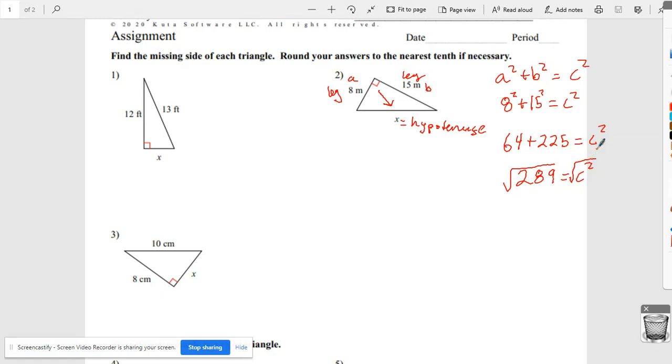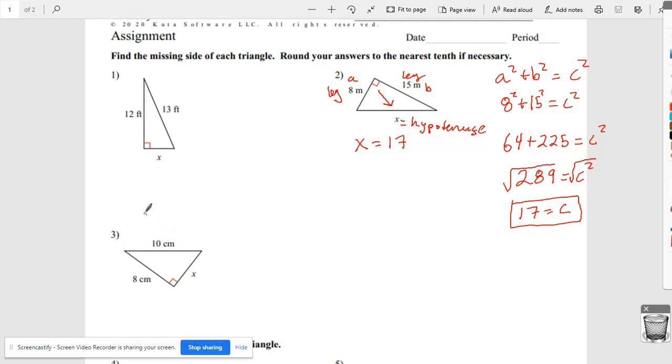So if we take the square root of 289, we will get 17, and we would find that c is equal to 17. Or for us, it would be x is equal to 17. So that would be if we know two lengths of the legs, and we want to find the hypotenuse.